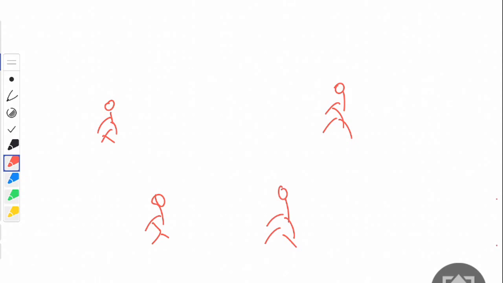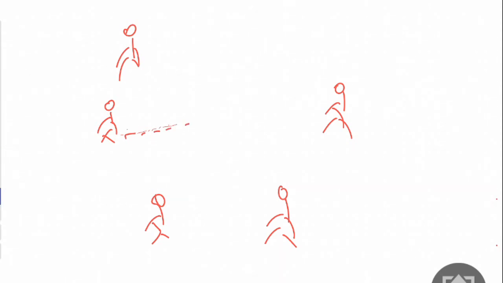Now somebody wants to find out where all these kids are going to meet, right? What will that person do? Let's say he sees you walking along some path. If the person looks just at you, he will not be able to find out where you're meeting.